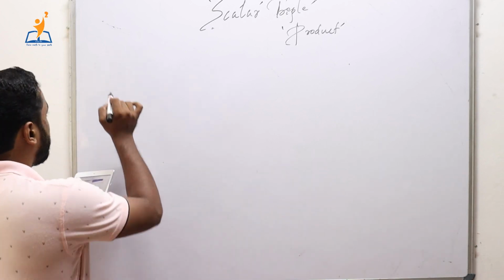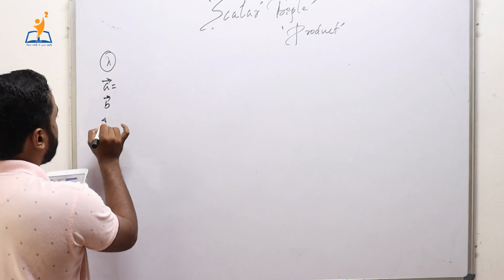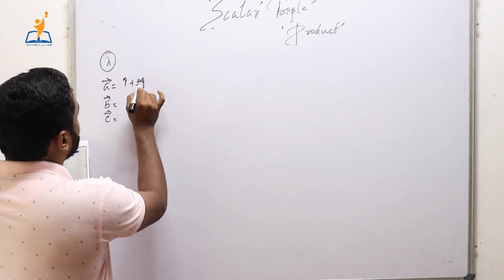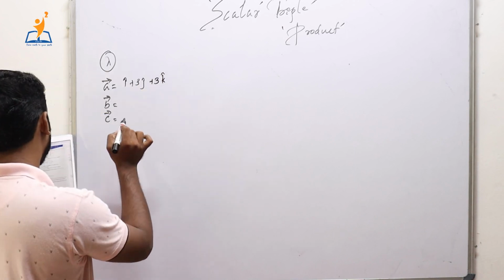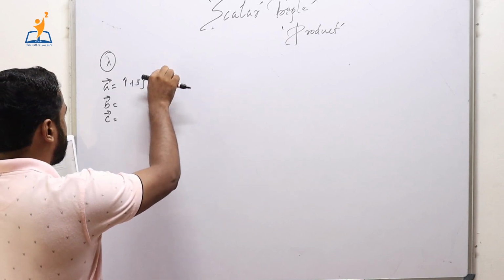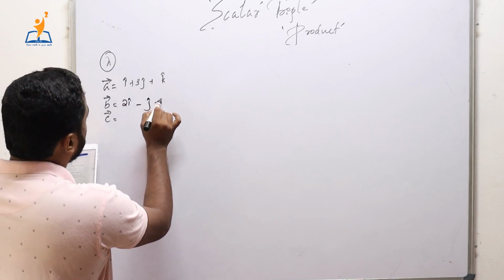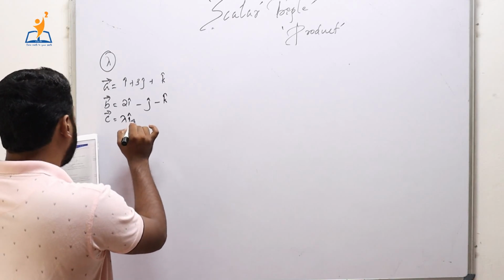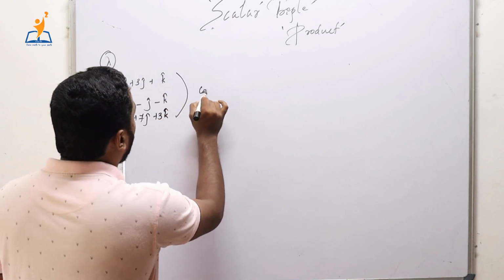We are asked to find a scalar called lambda, and we are given three vectors: vector A is equal to i cap plus 3j cap plus k cap, vector B is equal to 2i cap minus j cap minus k cap, and vector C is equal to lambda i cap plus 7j cap plus 3k cap, and they are coplanar.